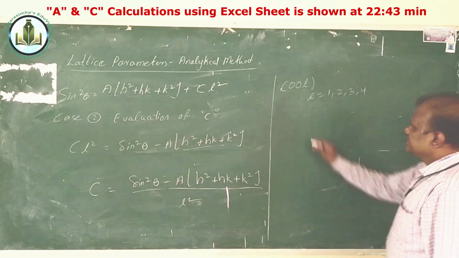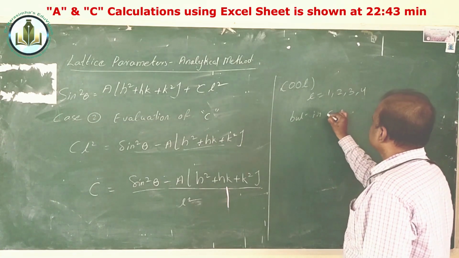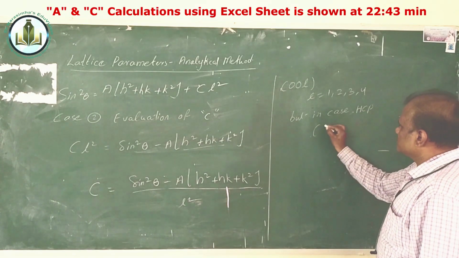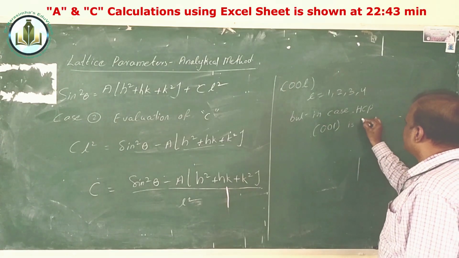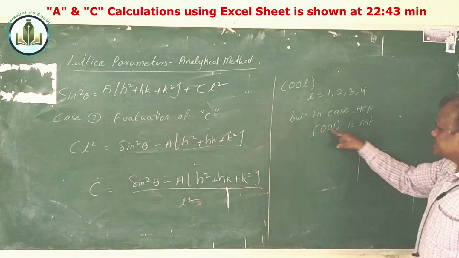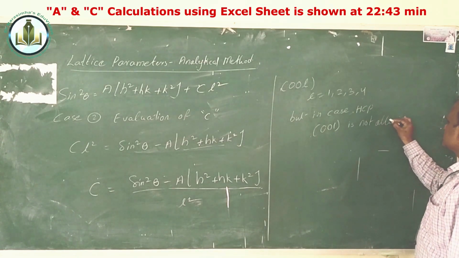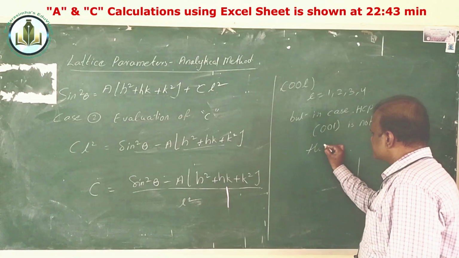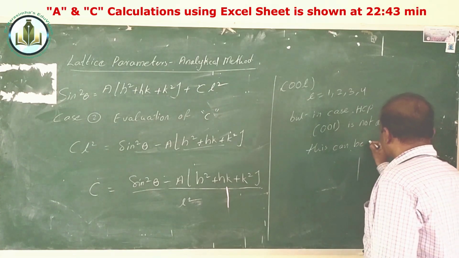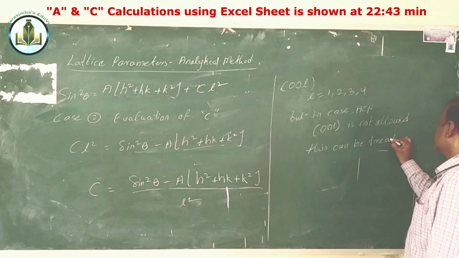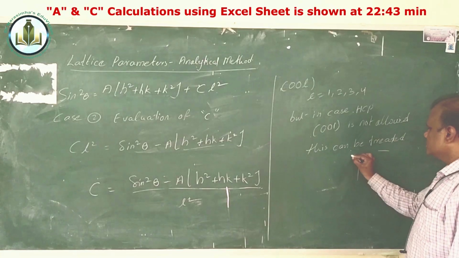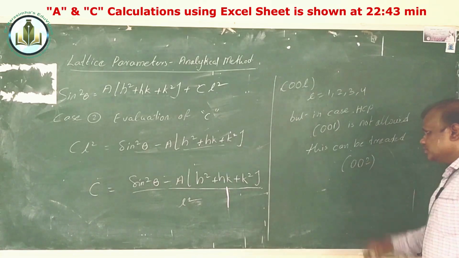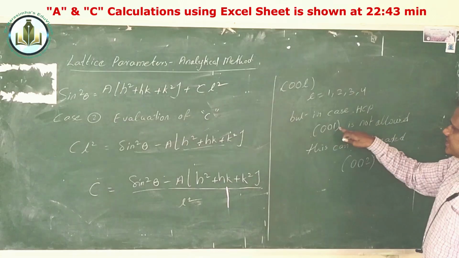But in case of HCP structure, the hexagonal structure, the 0, 0, 1 reflection is not allowed.